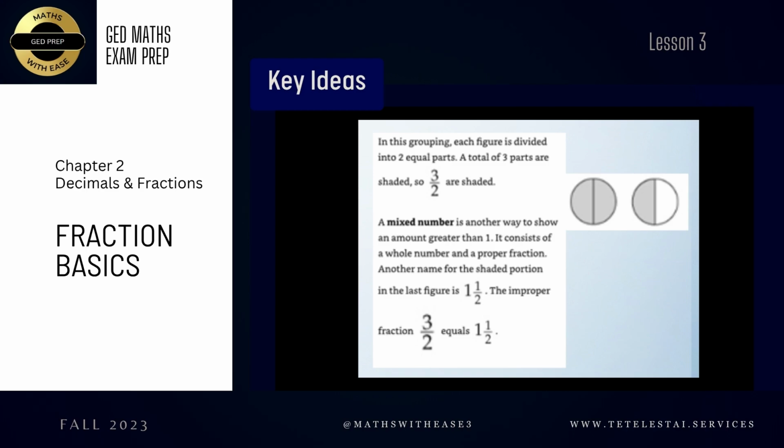And 2 is your denominator, which we started with. Another way of looking at this fraction is to look at this picture. We have one whole circle that's shaded in, and then we have one circle with only half of it shaded. So we have 1 and 1/2.